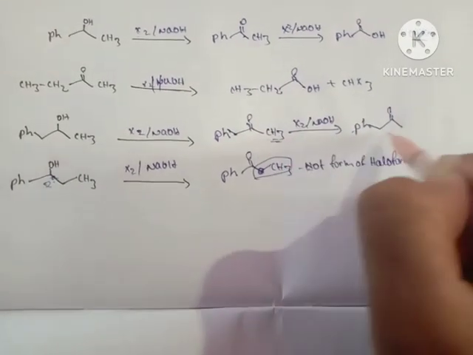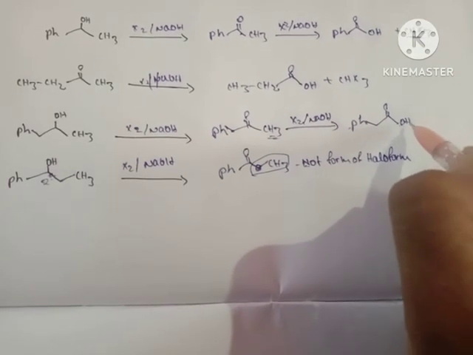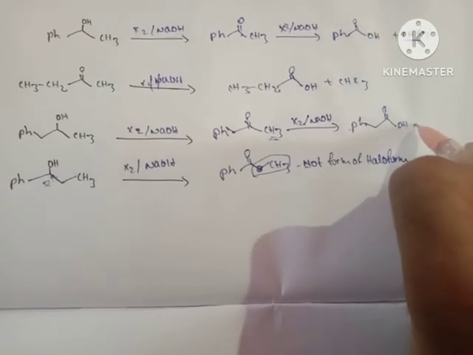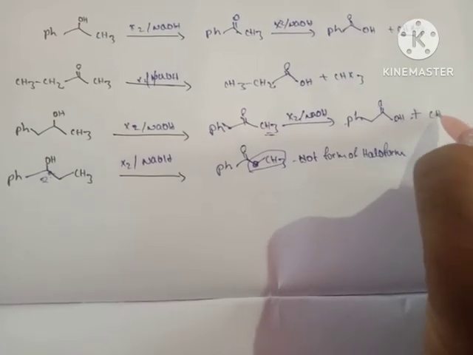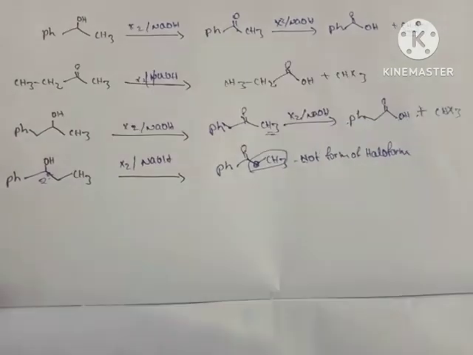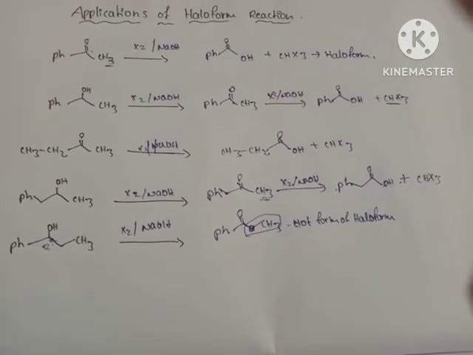Now the methyl group is replaced by OH group to produce the corresponding haloform. And these are the applications of the haloform reaction.